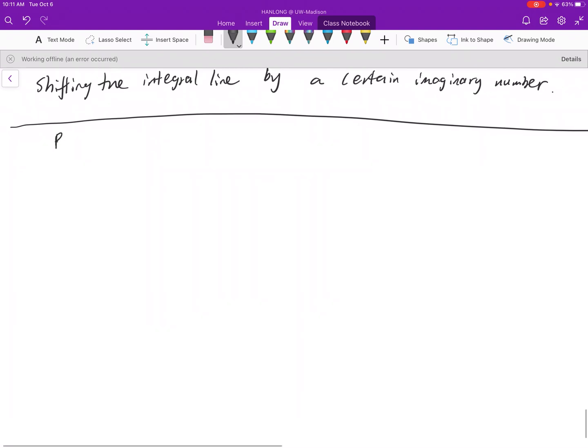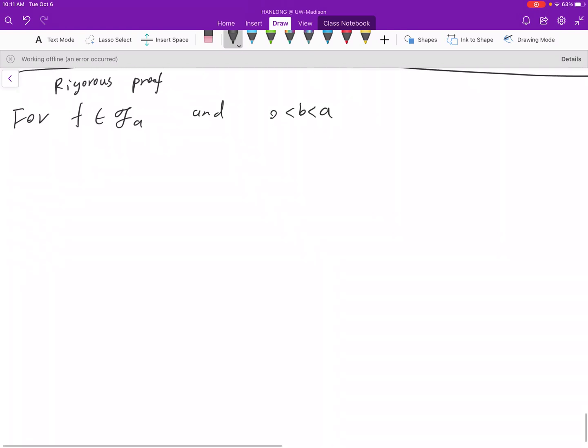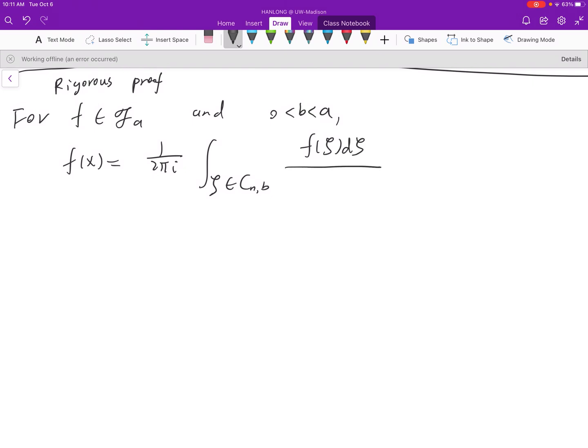So now let's carry out the rigorous proof. Rigorous means, what do we mean by shifting a line a little bit? For f in this family and fixing a constant b less than a, we know that f(x) is given by the contour integral through the Cauchy integral formula.